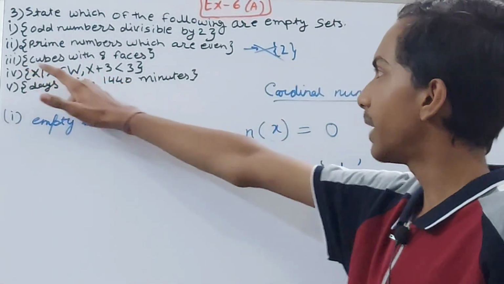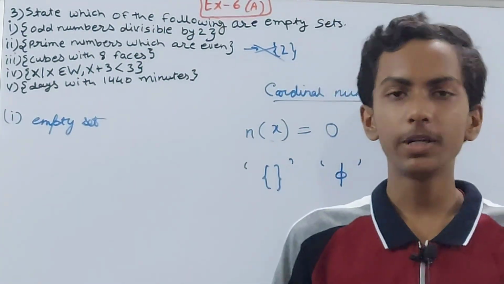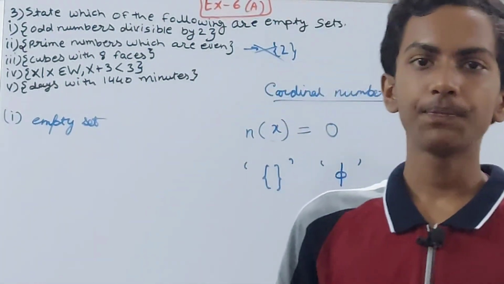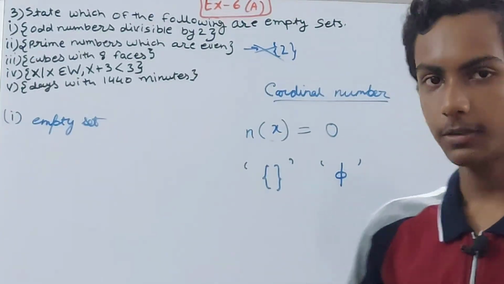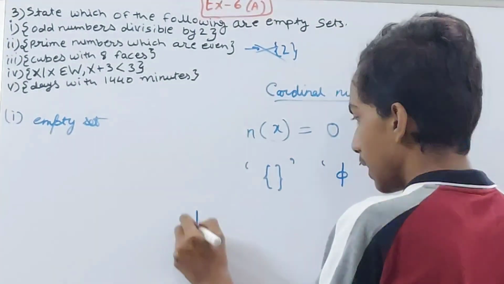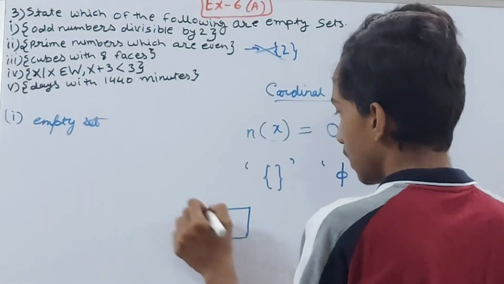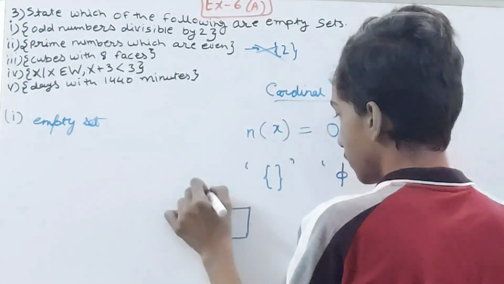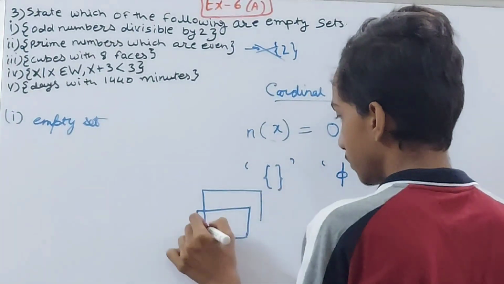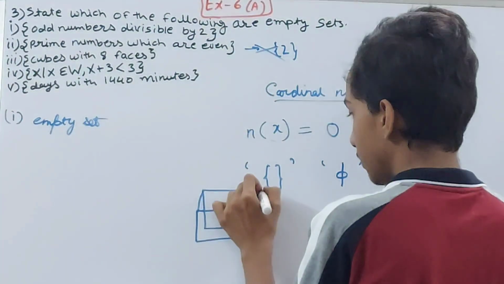Then third part says cubes with 8 faces. We have done a little bit of geometry, and also a little bit of 3D, where we have length, breadth and height. One such thing that we make there is a cube, something like this.